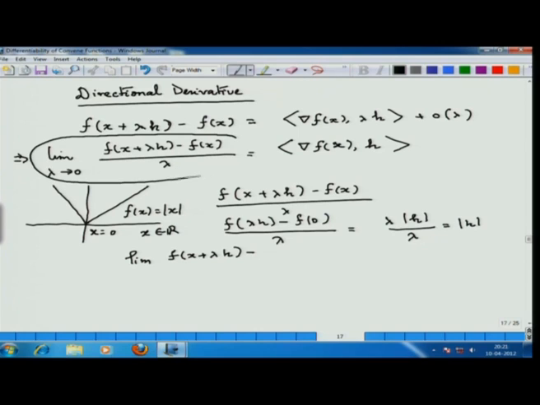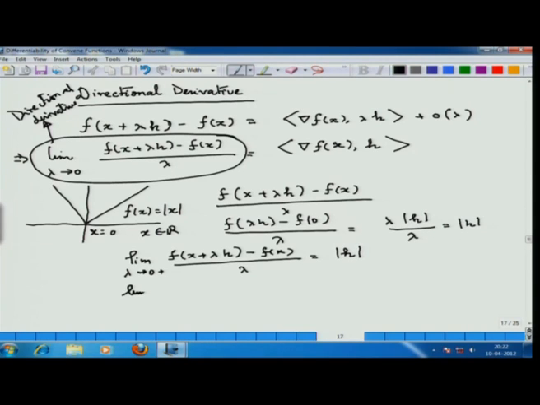This sort of limit is usually called a directional derivative. So, lambda goes from the right side, 0 plus. In this particular case this is mod h.